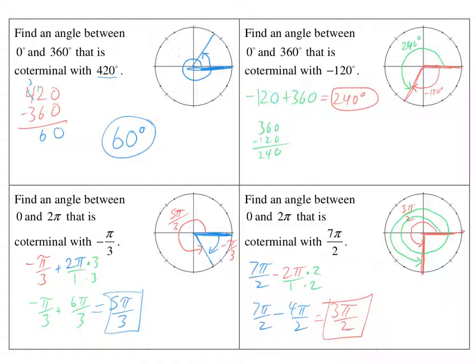That was maybe a little too confusing. But I wrapped around once and back, that's where 7 pi over 2 is. That's why the picture gets a little weird. When you start revolving several times around, the picture gets a little fuzzy. So it's a little bit easier to use this method. Over here, the picture might have been really good. So coterminal angles are, these two angles will both end at the same spot right there.